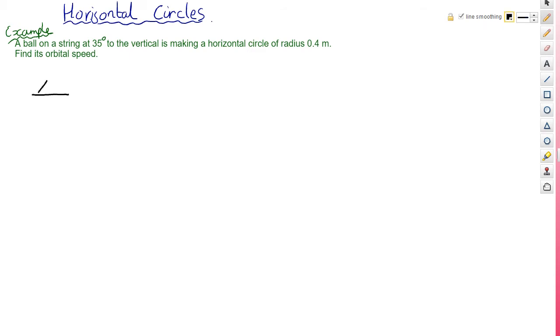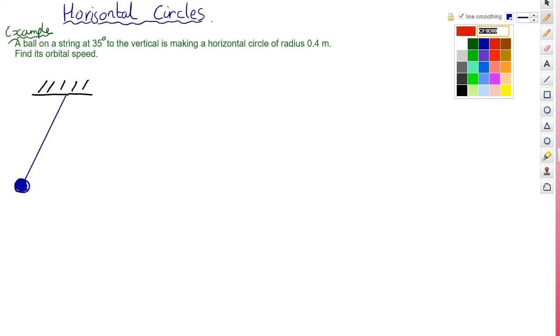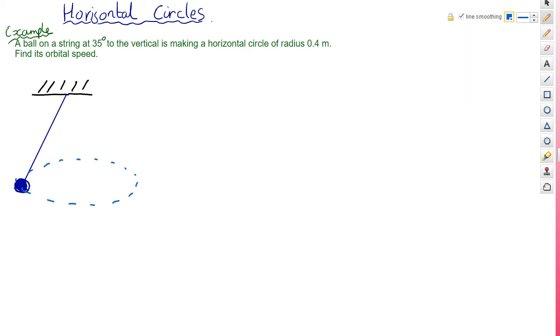When it talks about this kind of horizontal ball on a string, we're really saying it's like a hypnotist's ball on a string, like a pendulum, but not going backwards and forwards, instead doing circular rotations. Its official name is a conical pendulum. It says in the question that it's making an angle of 35 degrees to the vertical. Great, so we've got our diagram.